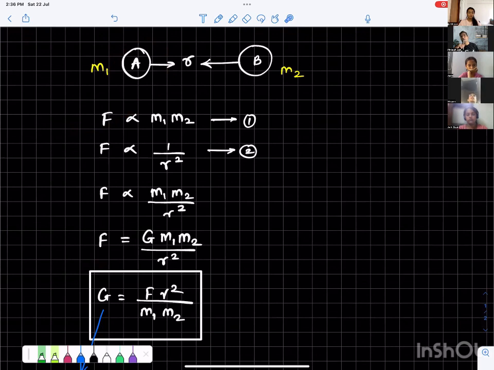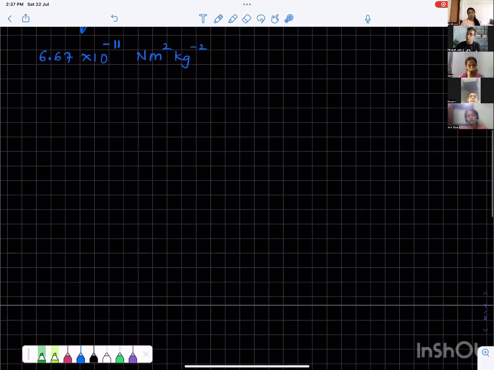The force will increase, correct, because they're directly proportional. Angel, if this distance increases, what will happen to the force? The force will decrease, because the more the distance, the lesser the force.